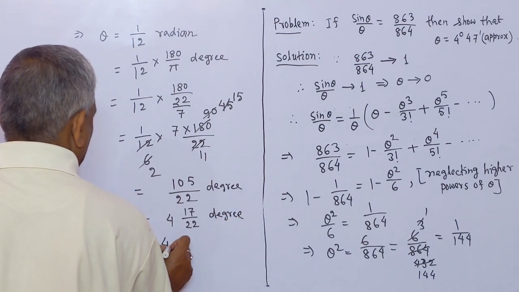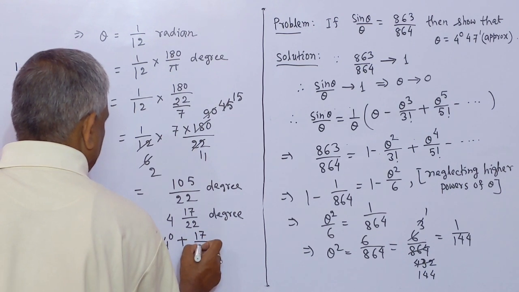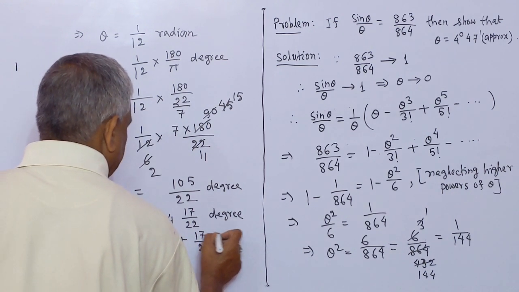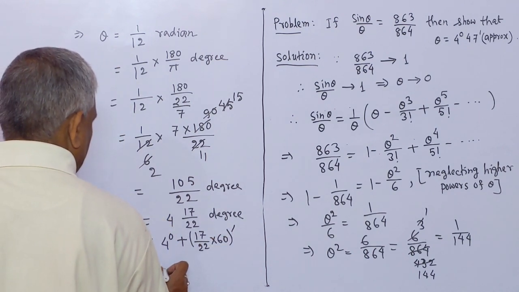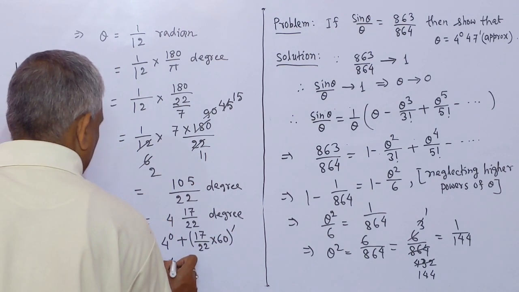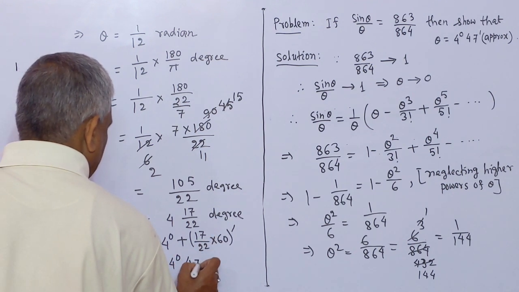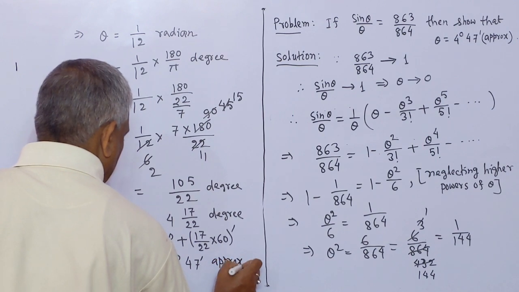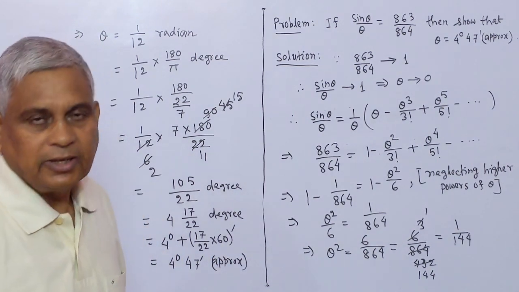This is equal to 4 degree plus 17 by 22 multiplied by 60 minute, and this will be equal to 4 degree 47 minute approximately. So our problem is solved.